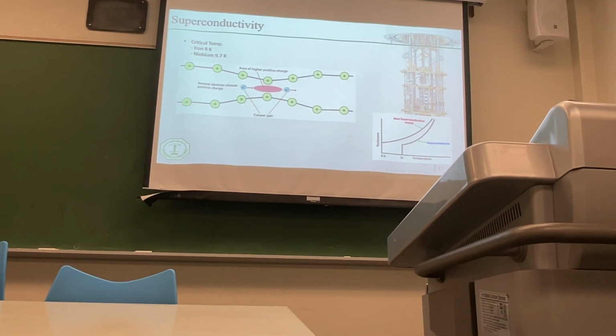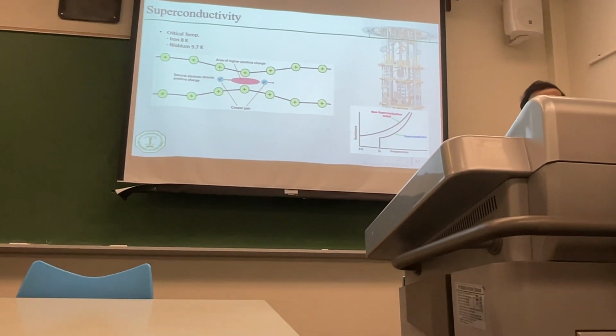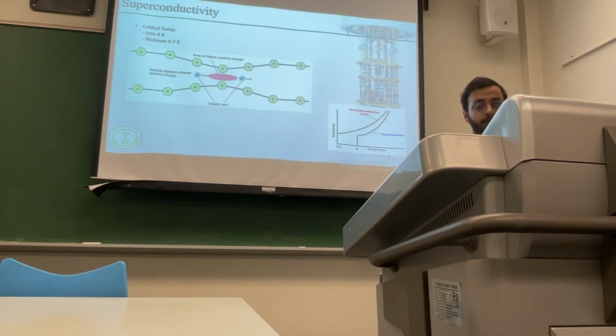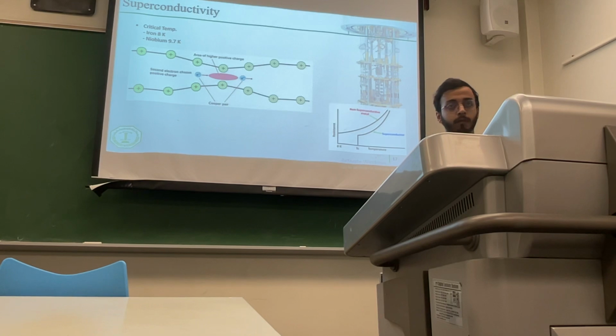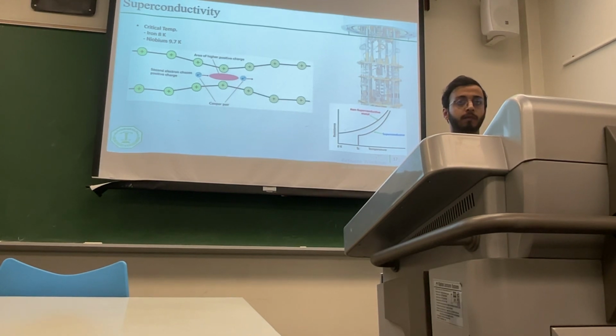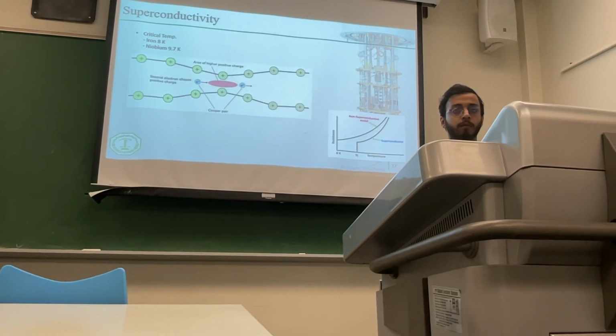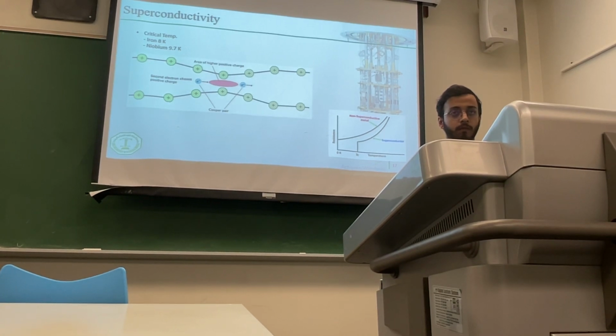Because what happens is that there is an intermediate interaction between the electrons, which will make the electrons trapped in a down state, which is called the Cooper pair state. Then of course there will be a whole transition of a large number of electrons into that situation. These electrons are bound.